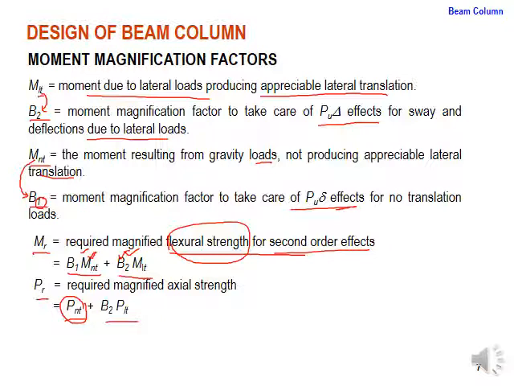So what does it mean? P itself does not require the magnification for the gravity loads, but the lateral loads always require the magnification, because for the second order effects their effect is going to be enhanced. So that is going to be incorporated by multiplying it with the multiplier, that is B2.